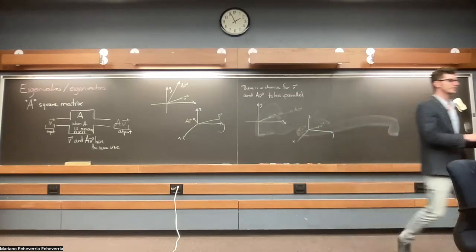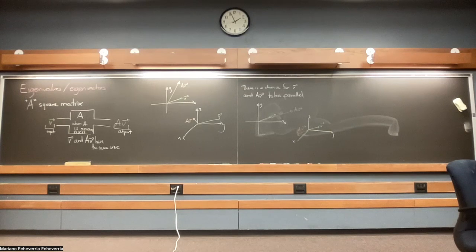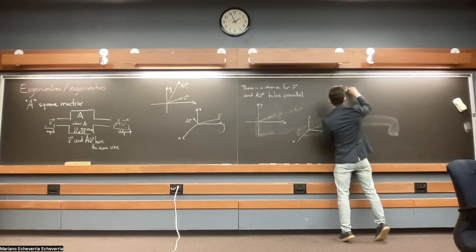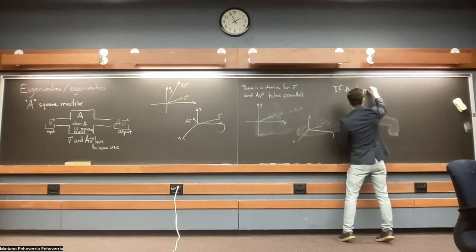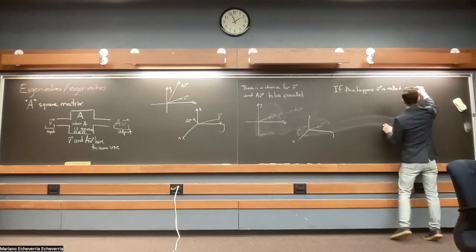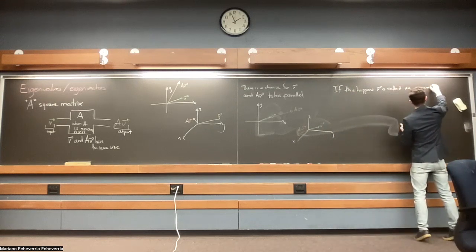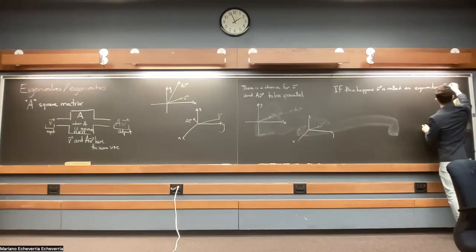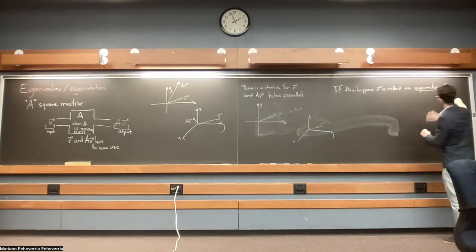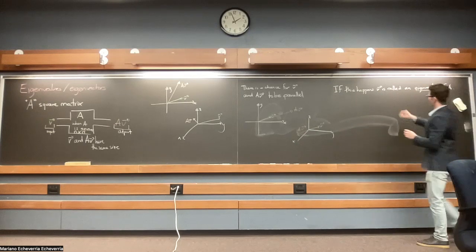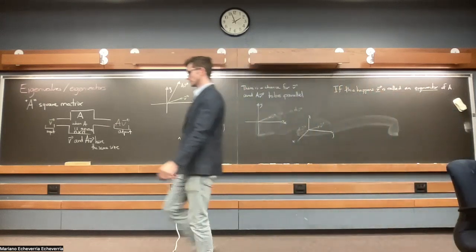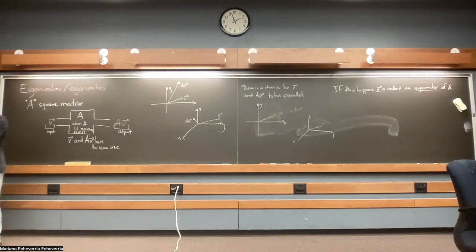And so when this happens, you would call v an eigenvector of the matrix A. So if this happens, v is called an eigenvector of A. So far, so good.